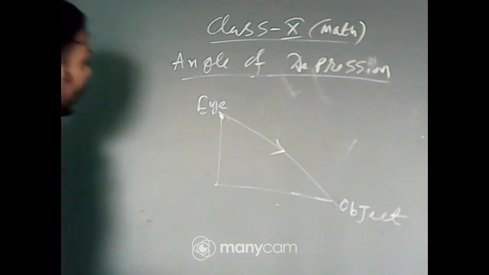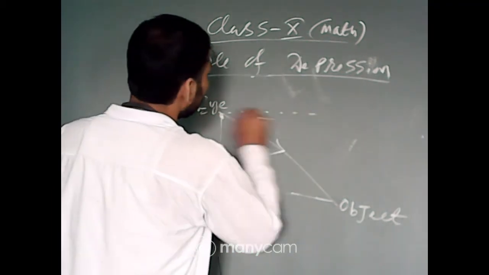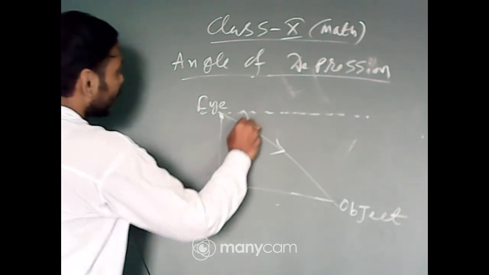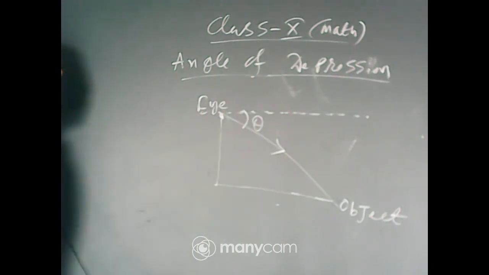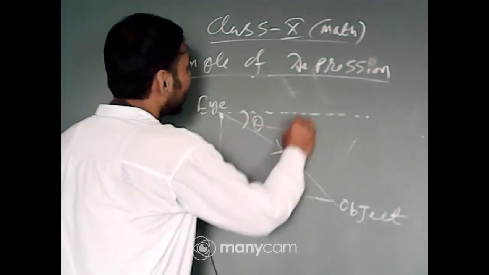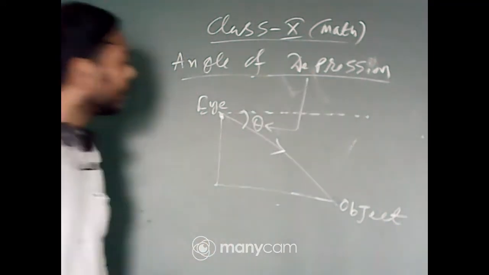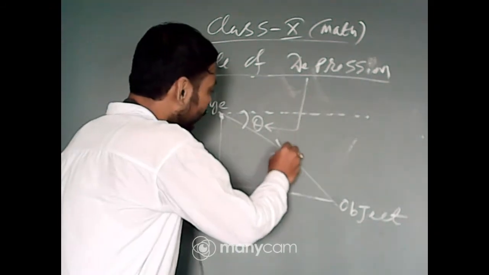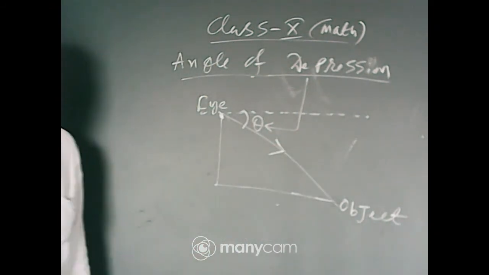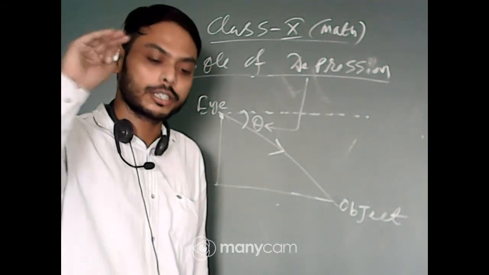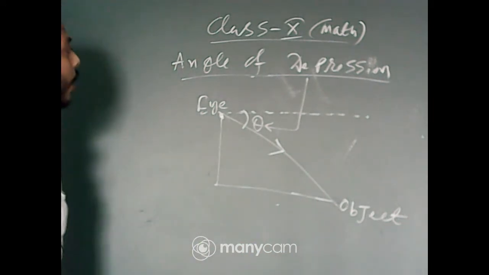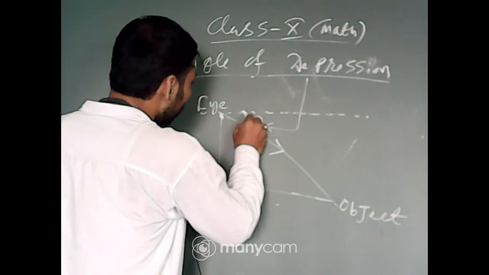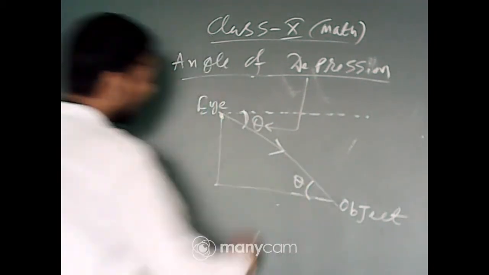Here the angle formed with the parallel to the horizontal, that is this angle, I am calling theta. This is the angle of depression. Here you are looking downwards. Look at the arrow. In the case of angle of elevation, you are looking upwards. Here you are looking downwards, and this is angle of depression, and this angle will be equal to this angle.